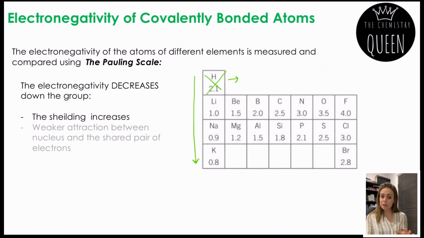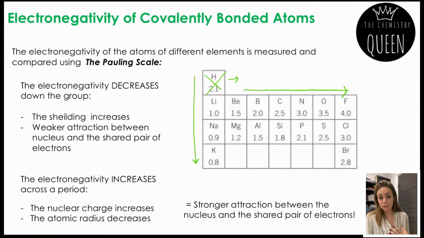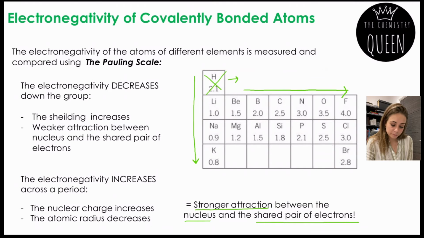Even though they're in the same period and have the same number of shells, the atomic radius is decreasing slightly. So that's why as we go across a period, the electronegativity increases, which means there's a stronger attraction between the nucleus and the shared pair of electrons.